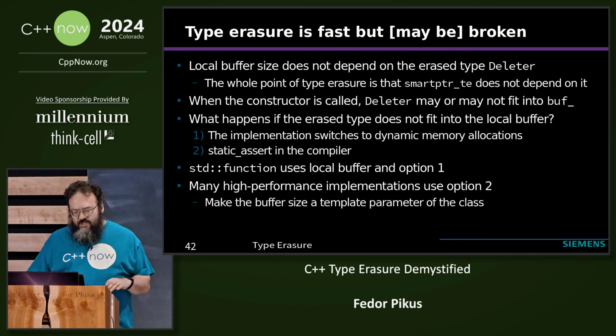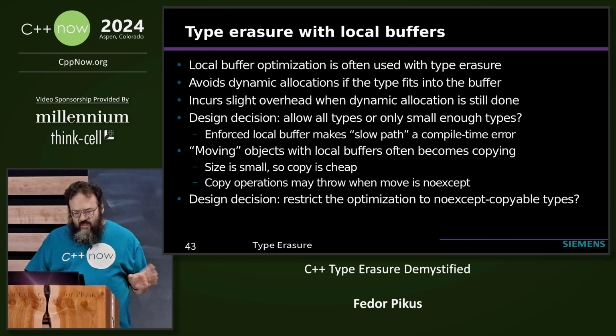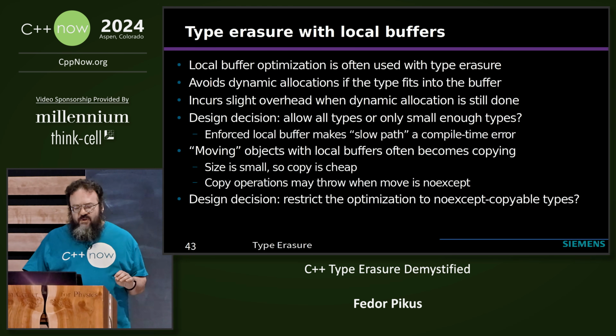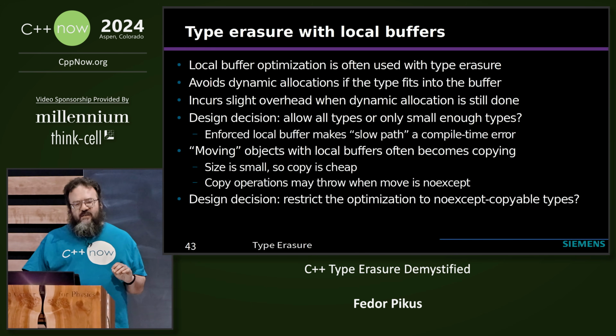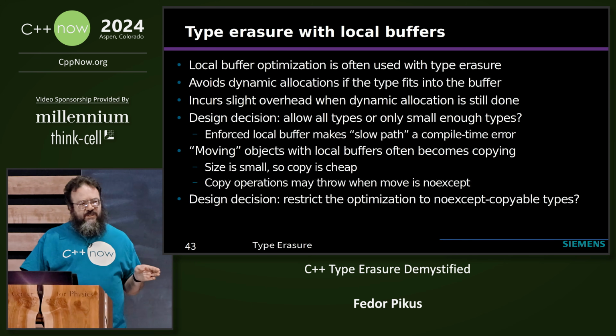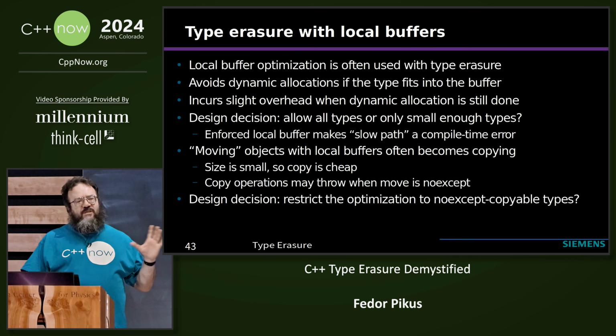High performance applications often use option 2, where basically the slow path just doesn't compile. Anyway, you can choose whatever you want. Another interesting thing about local buffer optimization is moving these objects. It's easy to move an object which points to something.